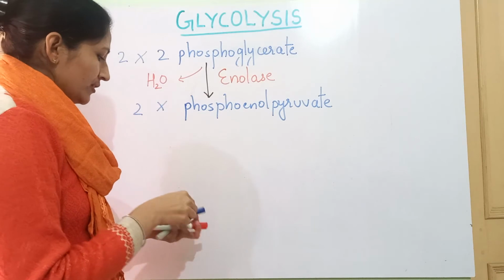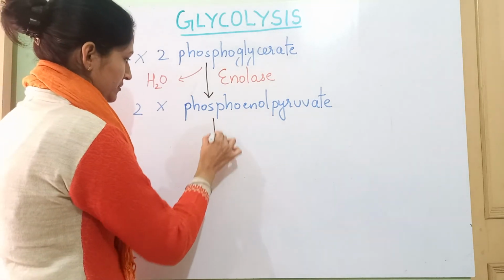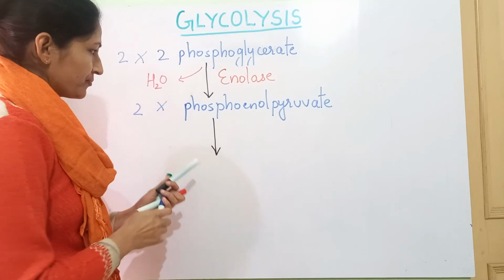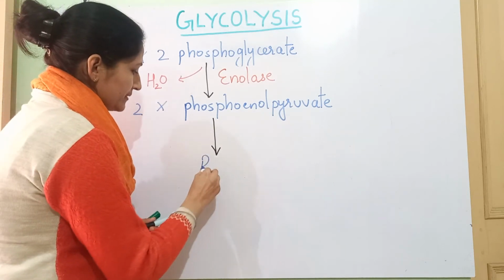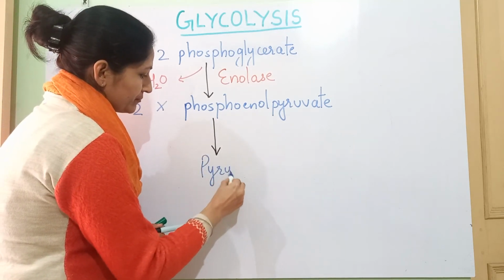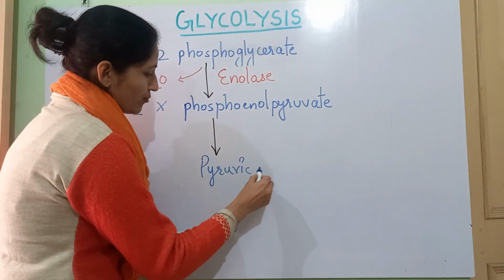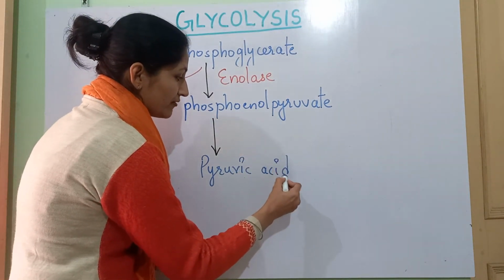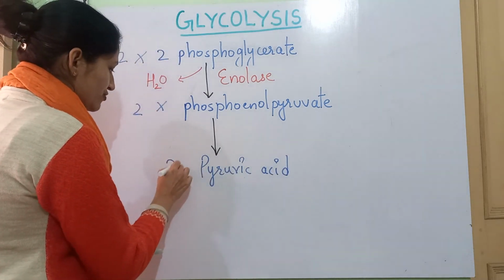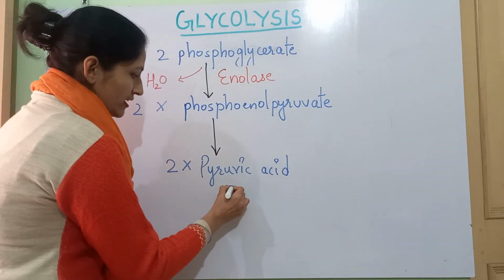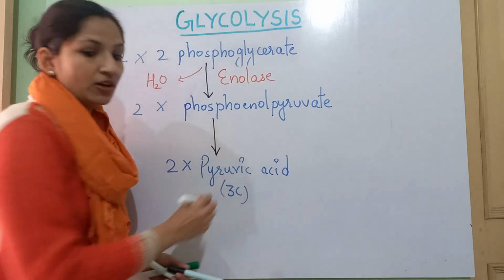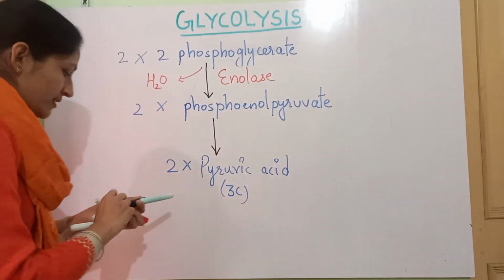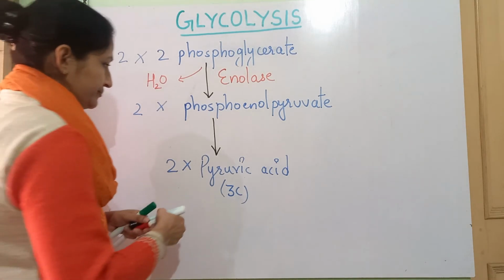So this is going to form pyruvic acid or pyruvate, which is the end product of glycolysis. How many molecules? 2 molecules, 3 carbon containing. And the enzyme involved is pyruvate kinase.